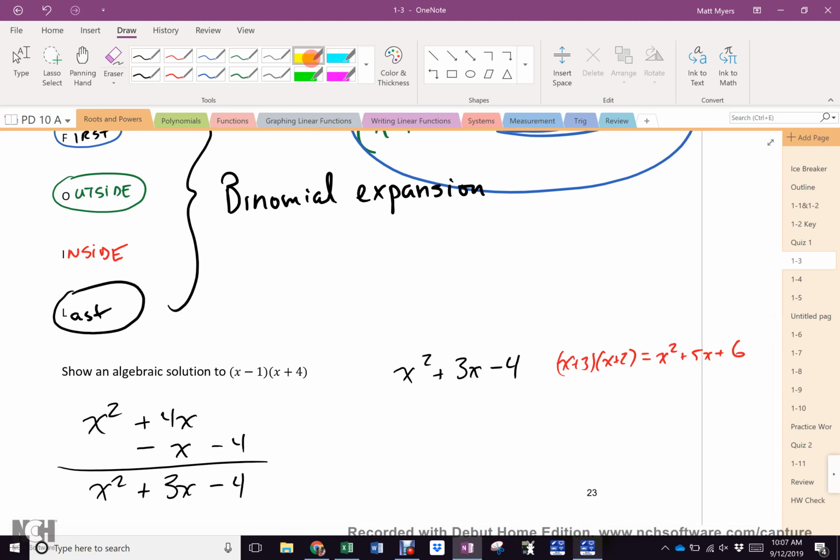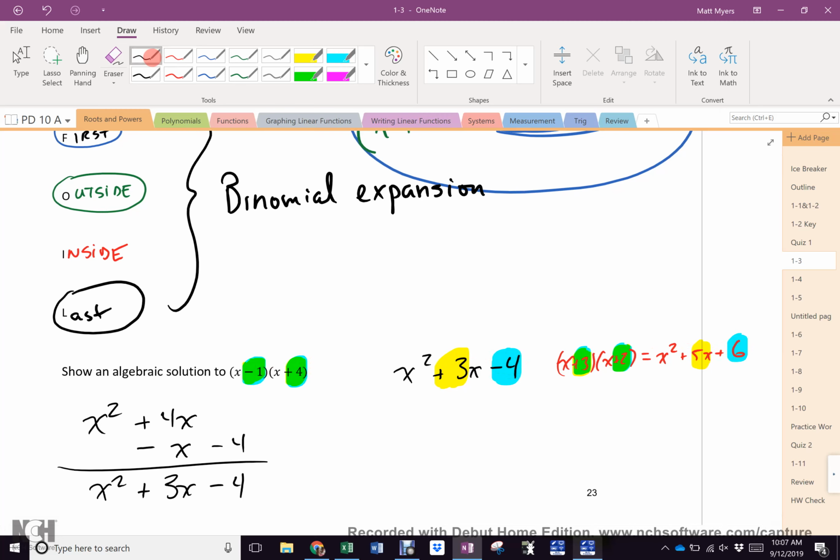Some of you already know this trick. 3, -1, and 4. 5, 3, and 2. Everybody good? 4, -4, -1, and 4. 6, 3, and 2.